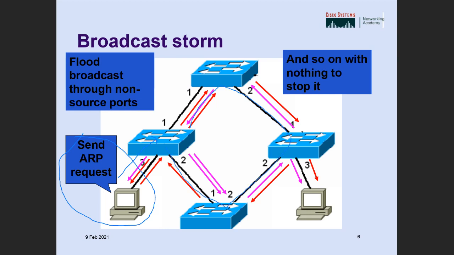And all of a sudden we have a situation where we have a bunch of excessive copies of this first original ARP request being flooded throughout the network, and nothing can stop it. Pretty soon, it's consuming so much bandwidth and processing power on these 4 switches that no more legitimate desired traffic can pass. So that's called a broadcast storm. That's a big problem. We don't want that.